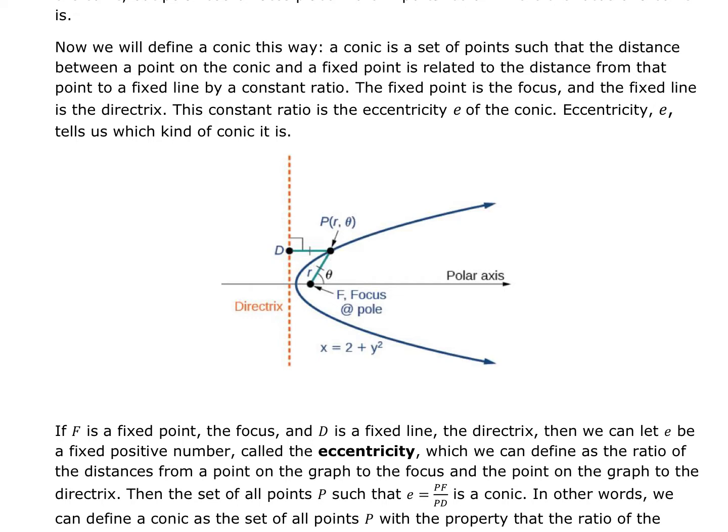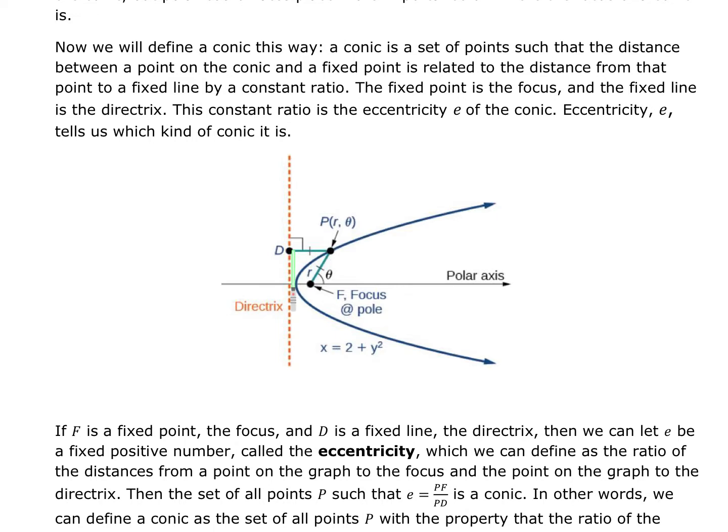We have this fixed point here, which is our focus. We have this fixed line, which is the directrix. And then the eccentricity will be the ratio from this focus to this point P, a point that's on the graph, and from this point P to the directrix.